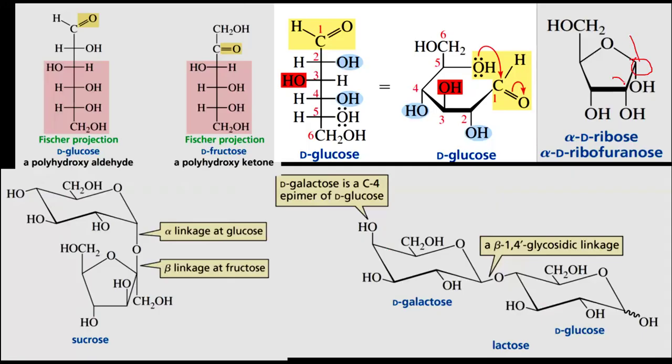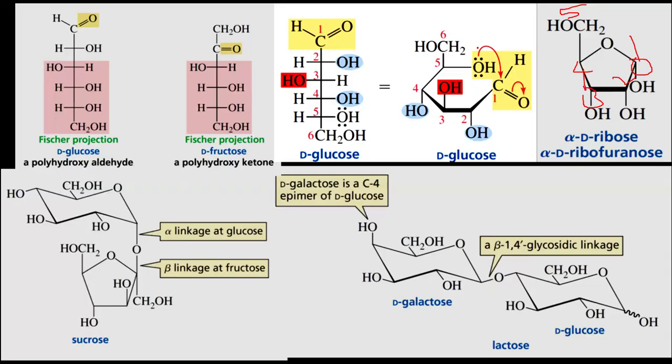This is 1, 2, 3, 4 and 5. There are only 5 carbons here. And if I take glucose, there are 6 carbons. Based on the number of carbons, I call ribose a pentose. The classification is based on the number of carbons present in the sugar.